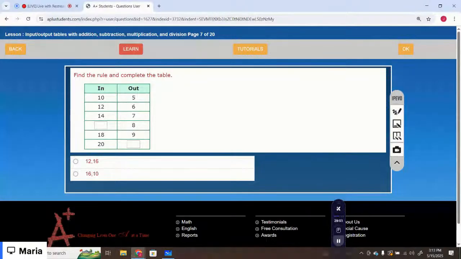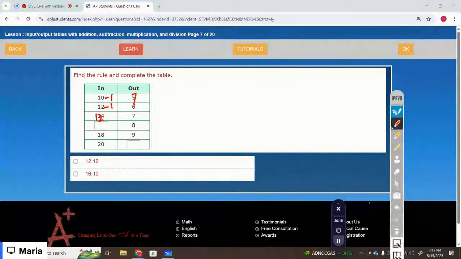Find the rule and complete the table. 10 divided by 2 is 5. 12 divided by 2 is 6. 16 divided by 2 is 8. And then 20 divided by 2 is 10.